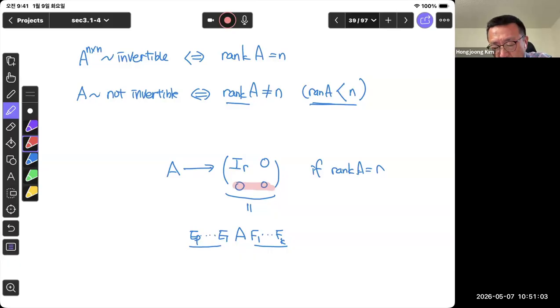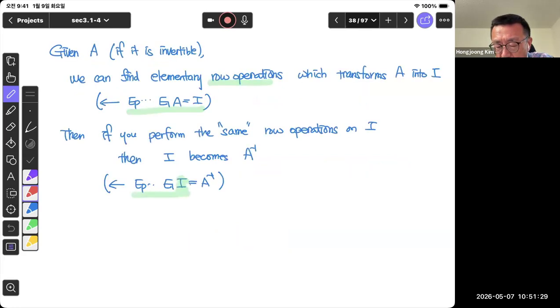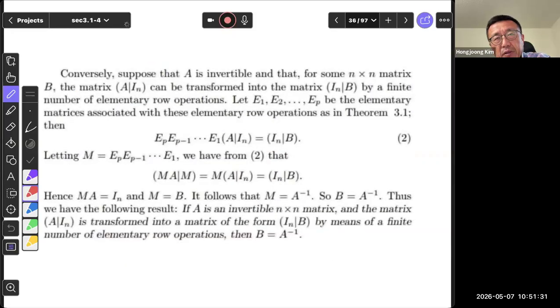If your matrix is not invertible, so that your rank is R and that is strictly less than n, in that case, you will see a row of zeros. So these two slides explain that situation.